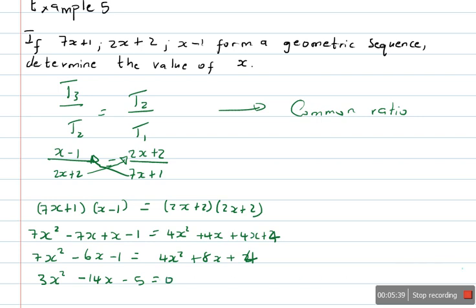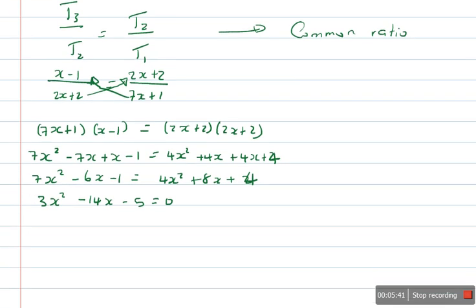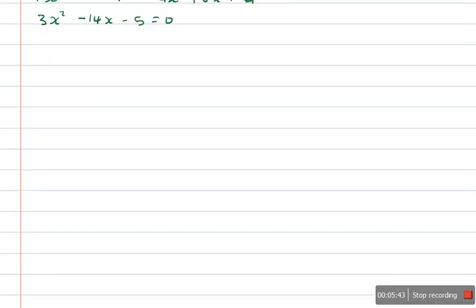And then esizoyenza-ke ukufactorize-ke. We are going to get two values of x. So let's factorize, it's going to be 3x, x is equal to 0. So ama-factors wethu, it's going to be plus 1 and minus 5.